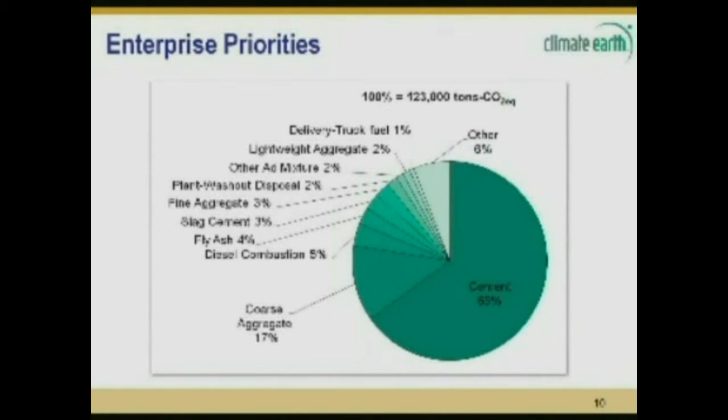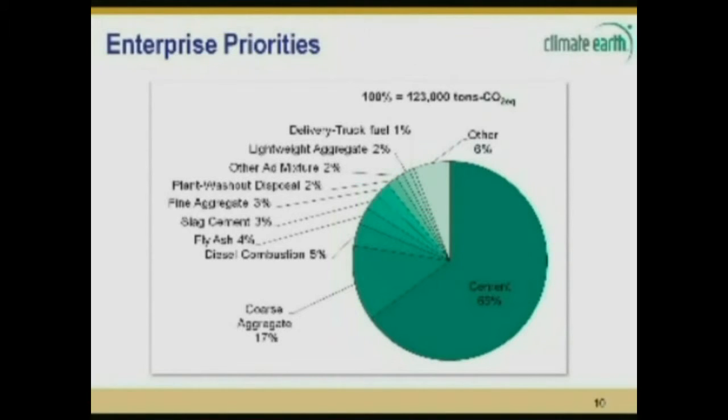But this gives management a perspective on where to focus their energy and resources, and in some cases on which suppliers they should be focusing to further reduce their emissions and reduce their costs across the supply chain. And Chris, quick question. Would this chart look the same if you just looked at the money, or is it significantly different since you're looking at the carbon associated with those inputs?